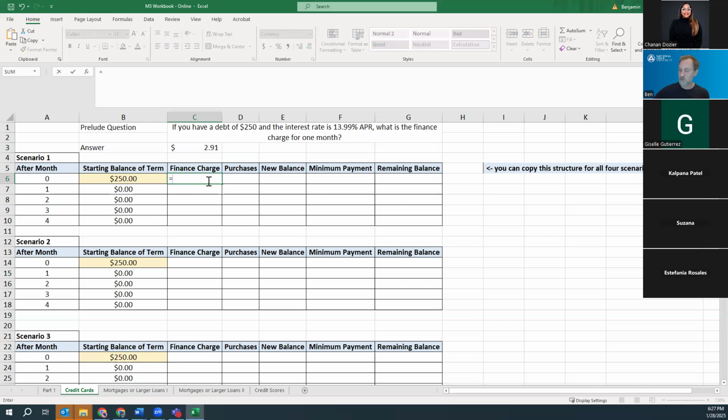So everything in that formula, 13.99% divided by 12, notice that there's nowhere on the sheet that I can grab the number to use it. And this number is on the sheet. And I do want to use the cell to reference it. So I'm multiplying by 250, but I'm doing it through a cell reference. We talked about it last week, but again, this is very powerful because it allows me to autofill.